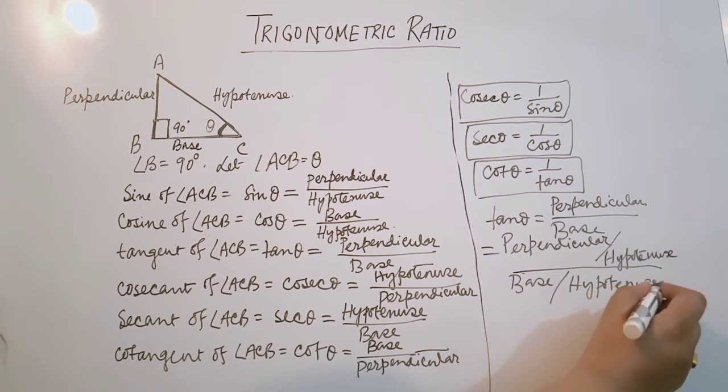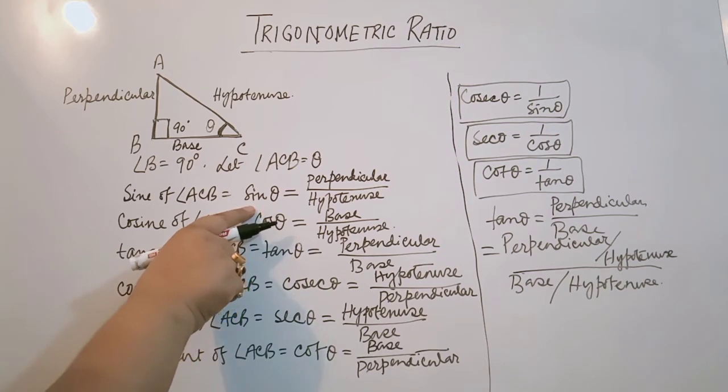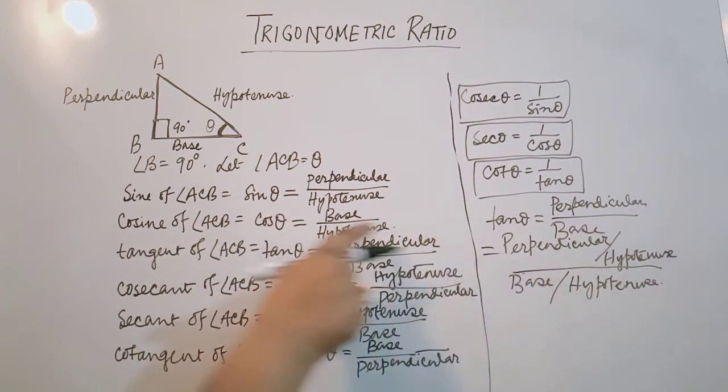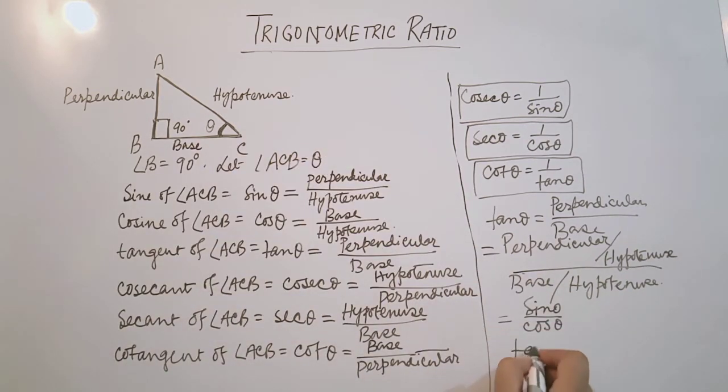That is, both sides are divided by the same length, that is the length of hypotenuse. Now perpendicular by hypotenuse gives us sin theta and base by hypotenuse gives us cos theta. So here we can write sin theta by cos theta. So this is the relation among tan theta, sin theta and cos theta, which states that tan theta equals sin theta by cos theta. Another very important relation in trigonometry.